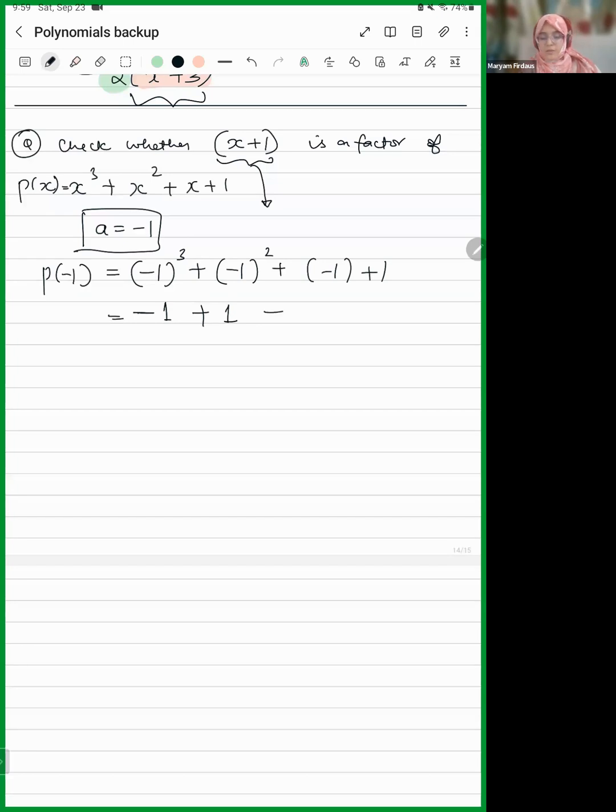Yes, -1 plus 1 gets cancelled, becomes 0. So this is equal to 0. So what have we seen here? If P of -1 is 0, then that means what is a factor?